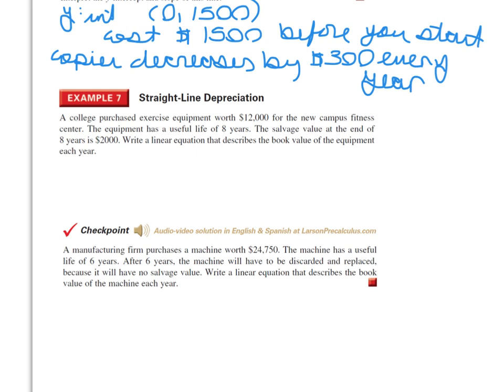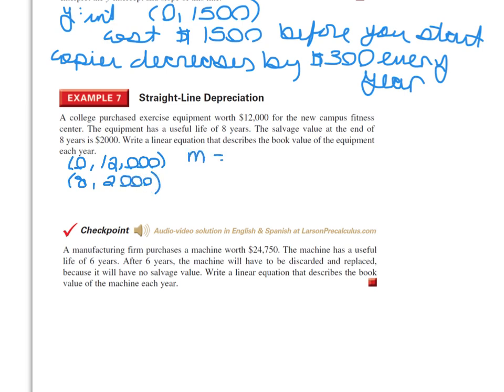So what you need to think about, before you even start, is that it's going to cost you $12,000. That's a point for you. The equipment has a useful life of 8 years, and after 8 years, it's worth $2,000. So there's another point for you. So we can go through and do the slope.